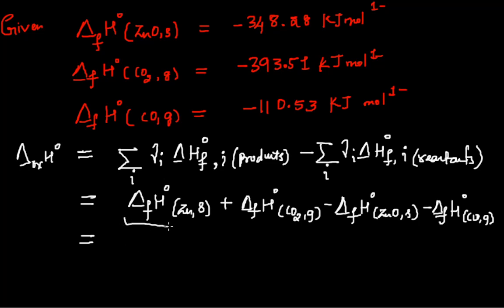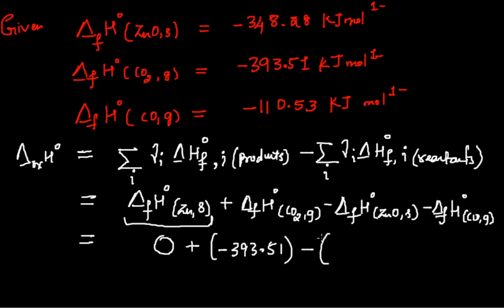And what is the enthalpy of formation of zinc? Zinc itself is in its most stable form, so it is 0, and for carbon dioxide it is minus 393.51.